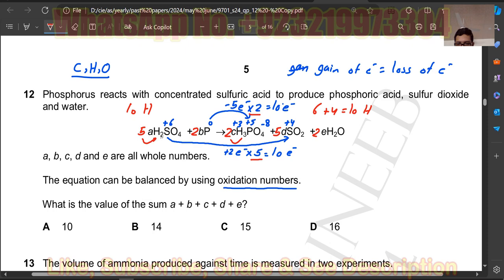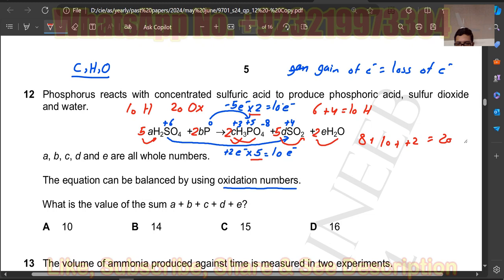Let's check the oxygen. Oxygen on the left hand side is 5 times 4, 20. There are 20 oxygens. Now on the right hand side, there are 2 times 4, 8, plus 5 times 2, 10, plus 2 times oxygen plus 2.